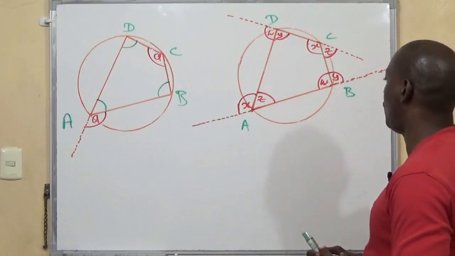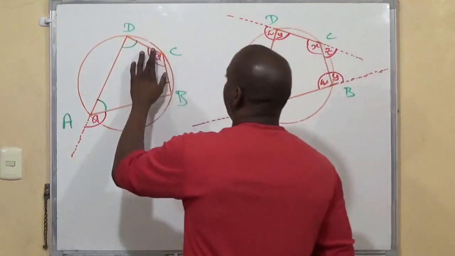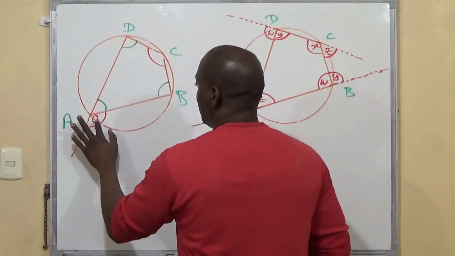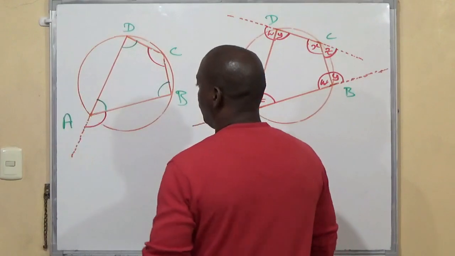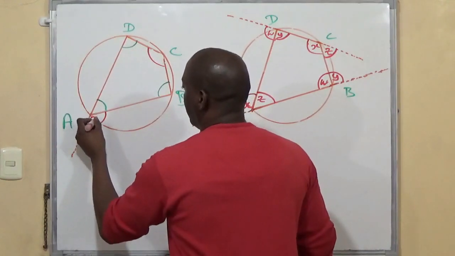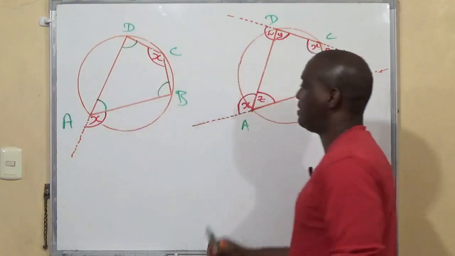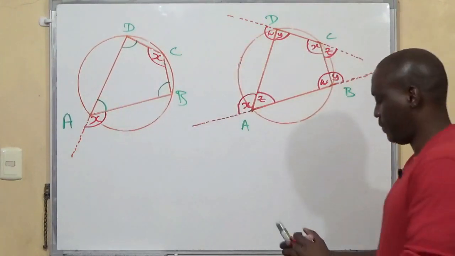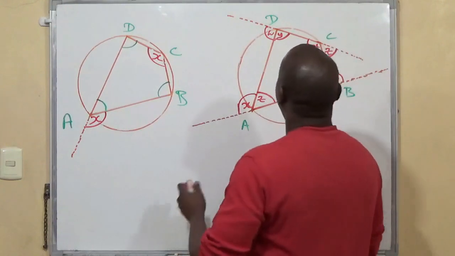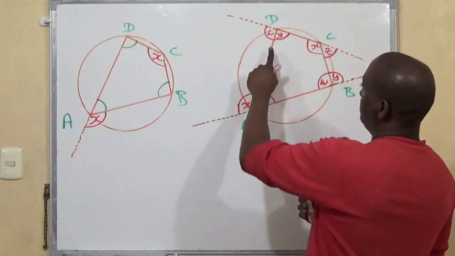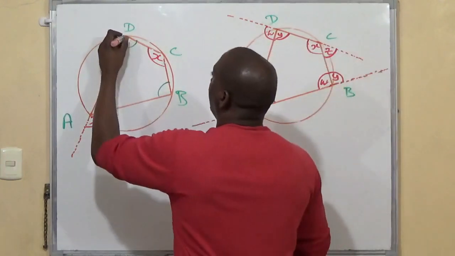Actually, no. I need to use the same lettering. And the reason why I could use the same lettering is that it will allow you to observe further and see some things. So let me go with the W, X, Y, Z still. That's angle X, right? If we extend, in this case we're going up.